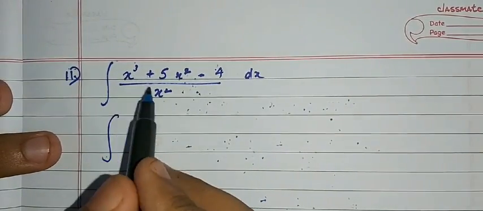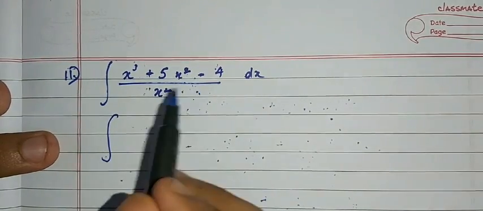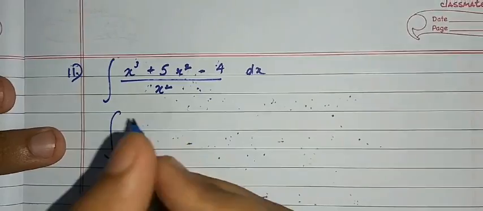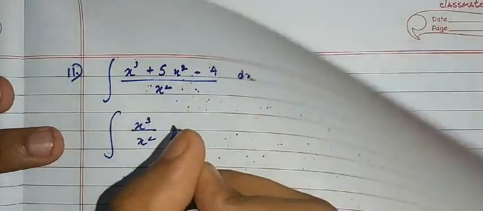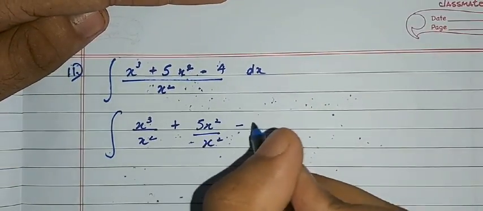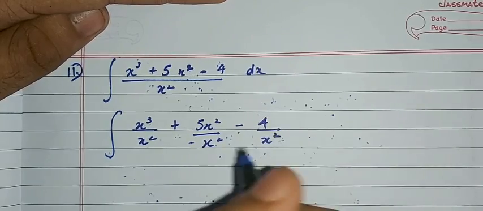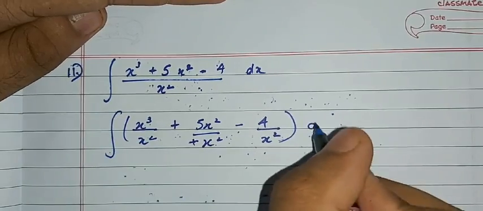So here everything is divided by this x square, so we can make them partly divided. So it will become x cube by x square plus 5x square by x square minus 4 by x square, dx.